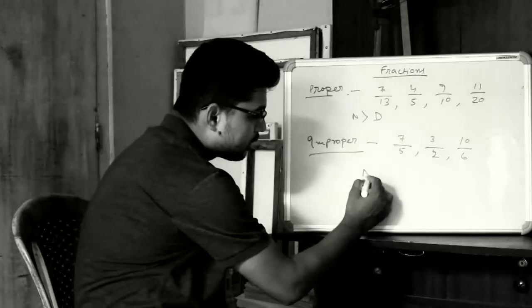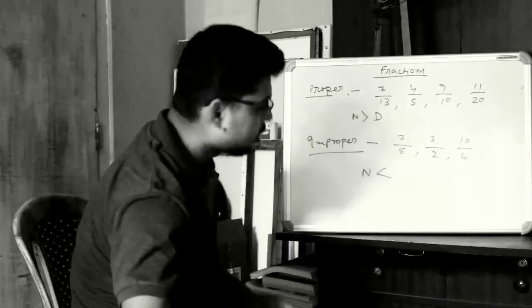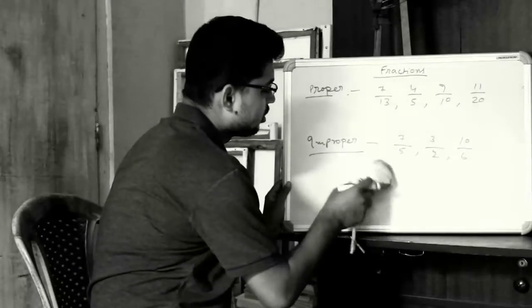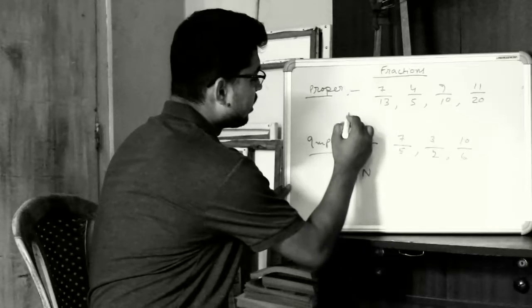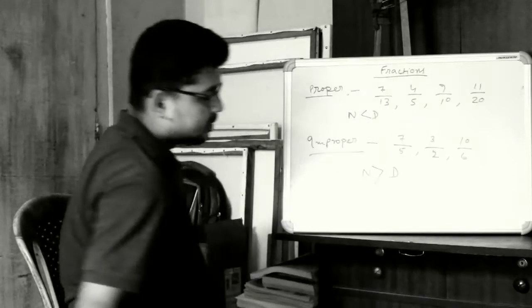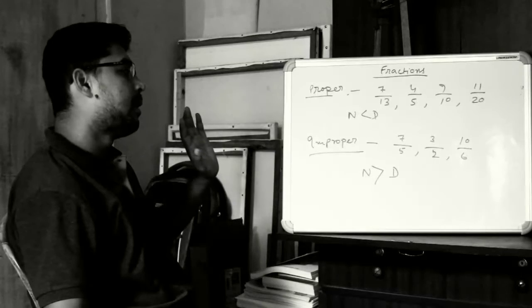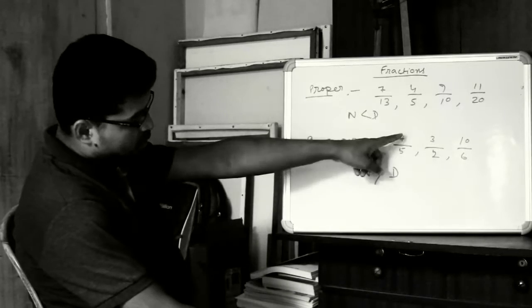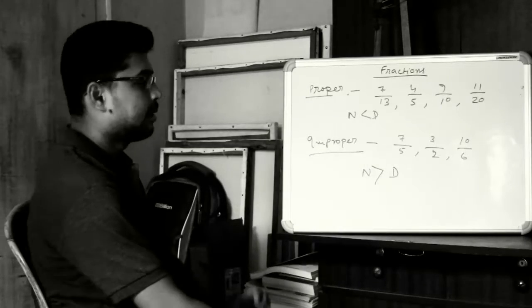And if the numerator is greater than the denominator, then this is called an improper fraction. See, the numerator is greater than the denominator.